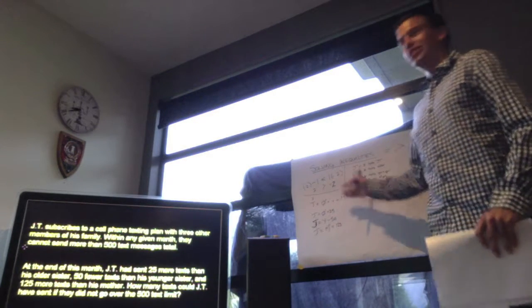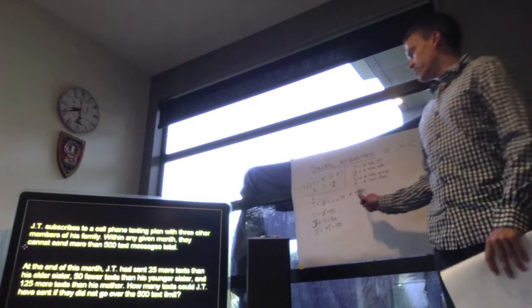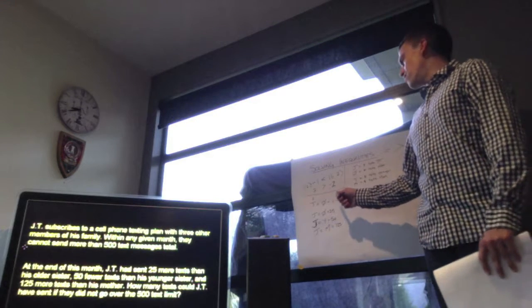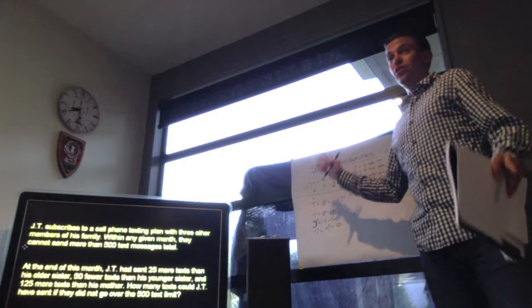All right, so we've got all this information here, and we're trying to find J up here. So the way we do that is, remember, we can solve an equation if we have all of these terms defined in terms of J, one variable.